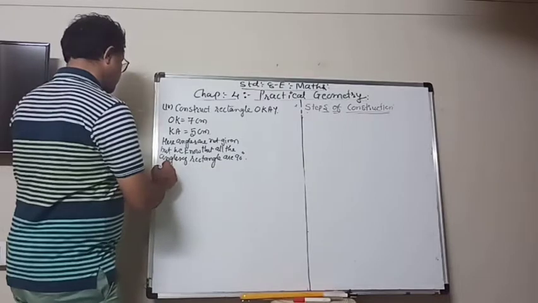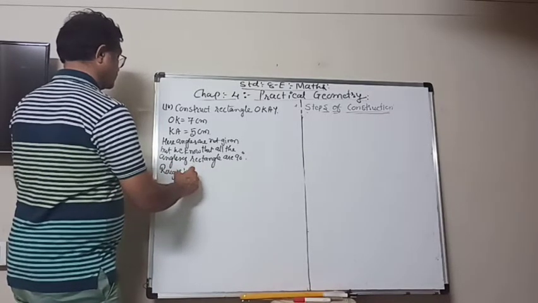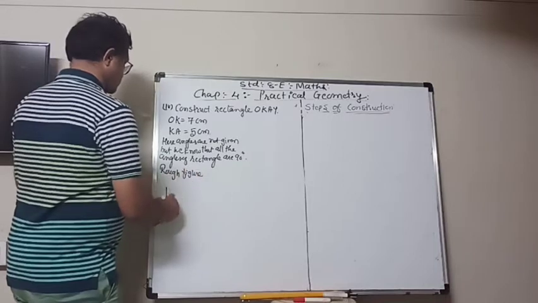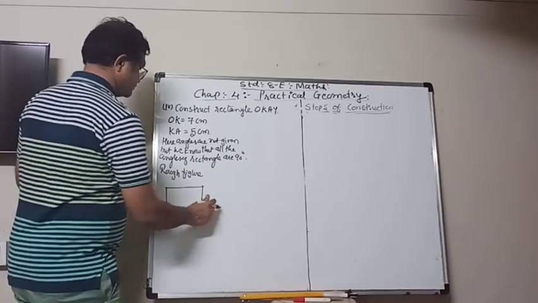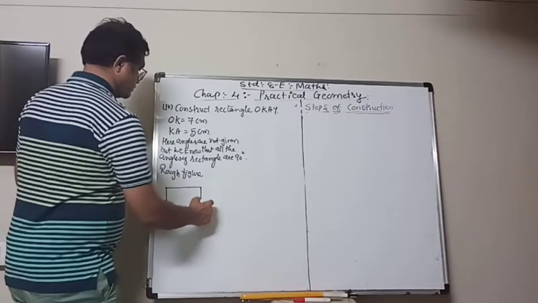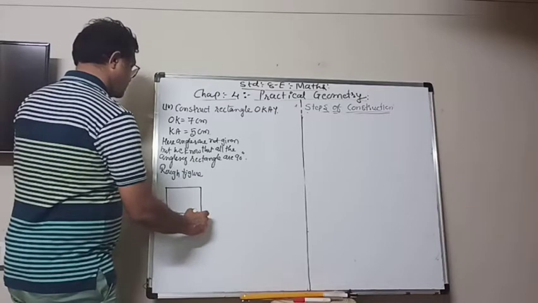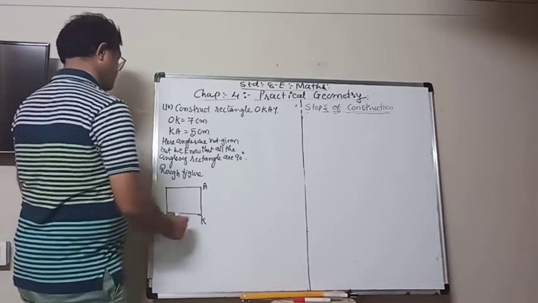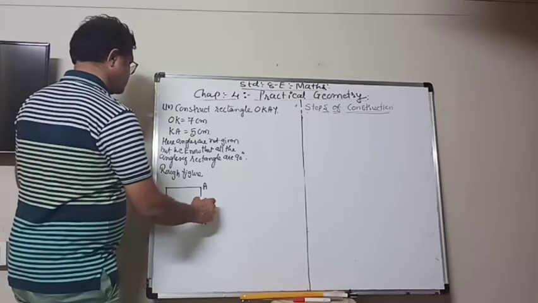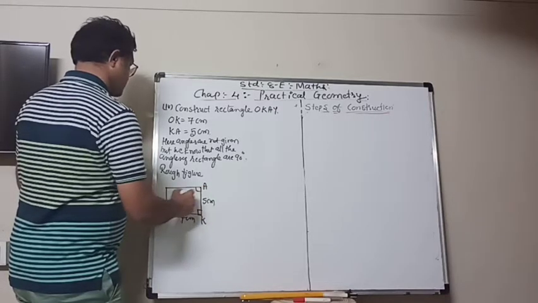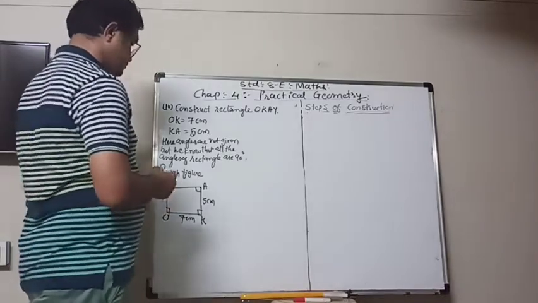So now, rough figure here. We draw a rectangle in which OK and KA are given. OK is 7 centimeter, KA is 5 centimeter, and we know that all the angles are 90 degree.